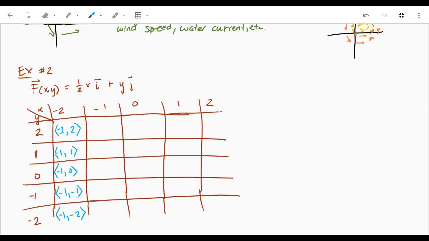Then -1/2, 2. And then these are all going to be 0, and then the y's.